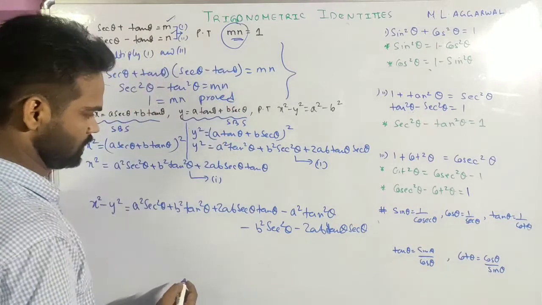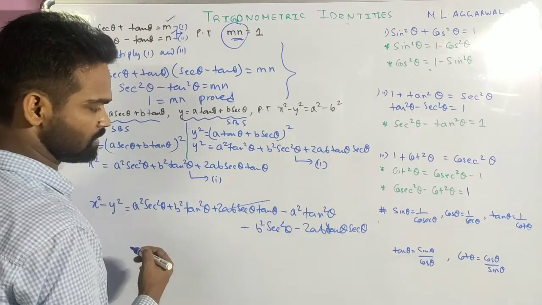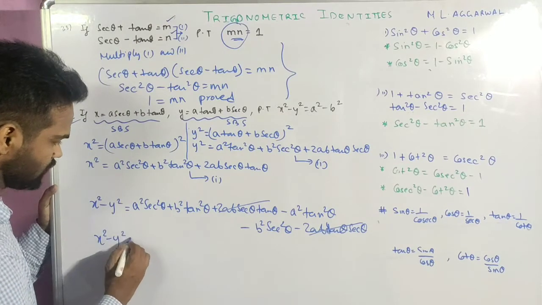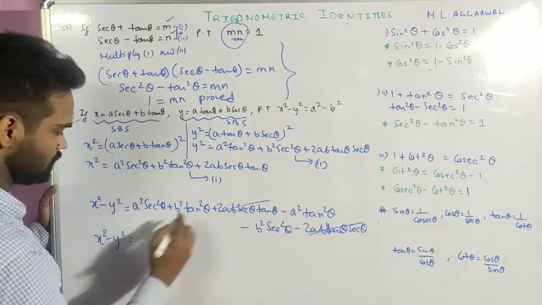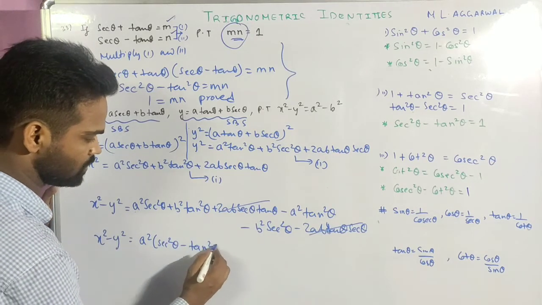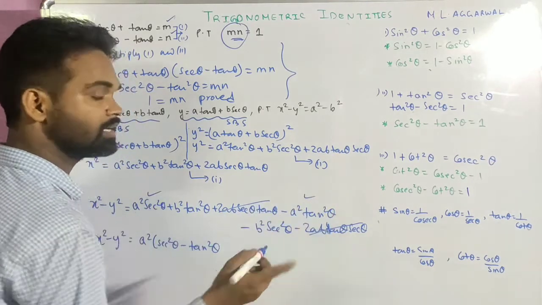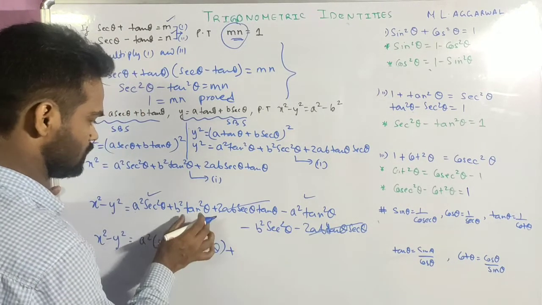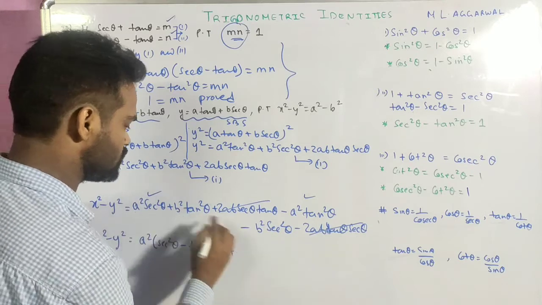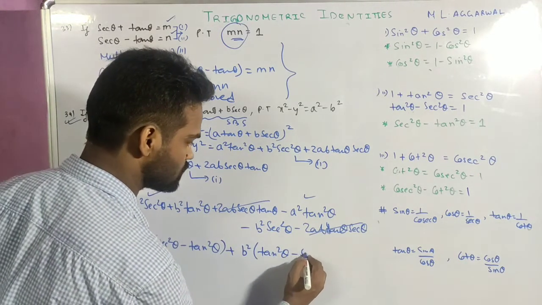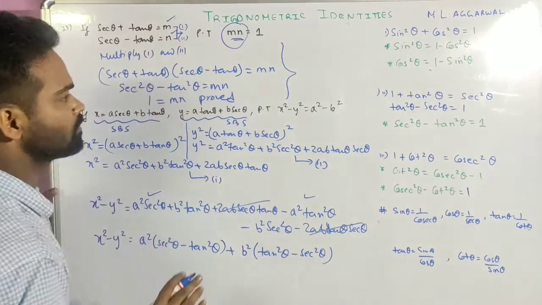And if you look carefully, twice ab sec theta tan theta cancels out. So what remains? X square minus y square is a square times sec square theta minus tan square theta. Similarly I'll take b square common, so b square times tan square theta minus sec square theta, isn't it?